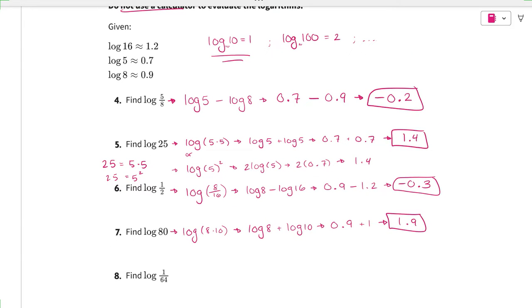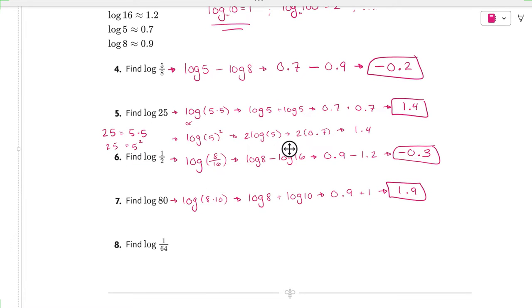Okay, 64. Again, there's a few ways we could go about doing this. I could use only subtraction, sorry. 64 is 8 times 8, which will become 2 logarithms. Or I can do 64 as 8 squared. So we'll go with the 8 squared method this time.